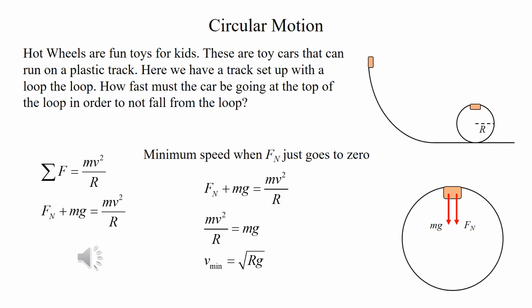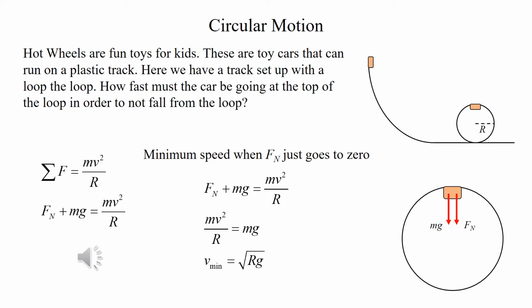Okay, now the minimum speed will be just when the normal force goes to 0. As we go slower and slower, we see that the normal force will get smaller and smaller. The weight, of course, is fixed by the car. So as we go slower, the normal force gets smaller.